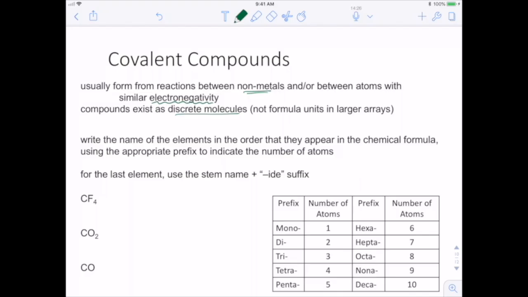So when we write the names, we need to be specific about, once again, how many atoms of each element are involved, and that's because sometimes it can be a different number of atoms depending on what the compound is, even though it's between the same 2 elements.